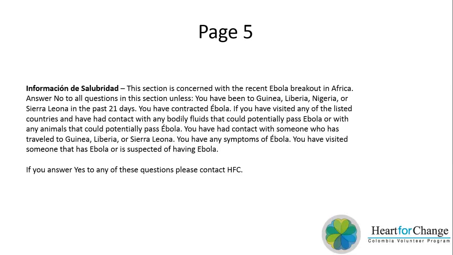You have any symptoms of Ebola. You have visited someone that has Ebola or is suspected of having Ebola. If you answer yes to any of these questions, please contact Heart for Change.